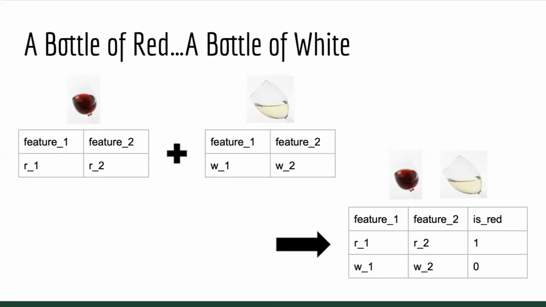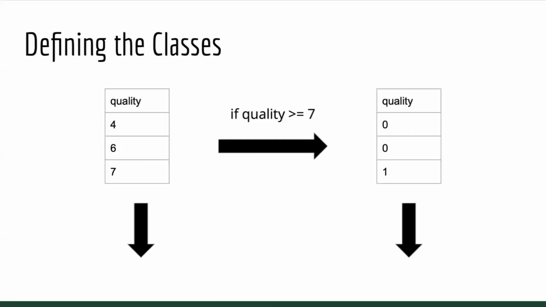So we can take these data sets and, instead of having them separate, move them into one and then add a binary label for whether a wine is red or not. Then, instead of having a continuous value of how good our bottle of wine is, we want to turn that into a binary measure, to make binary classes of whether we call a wine quality or not.